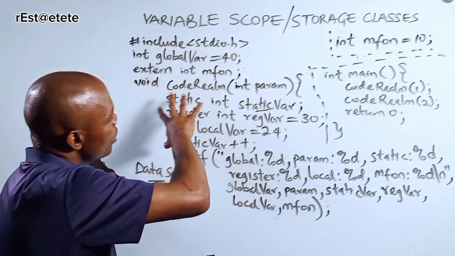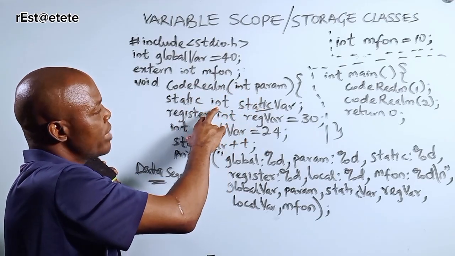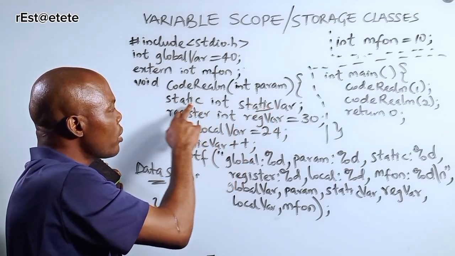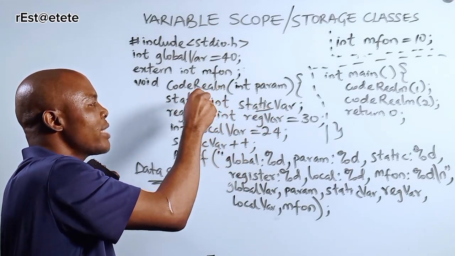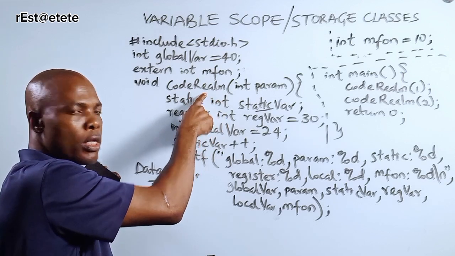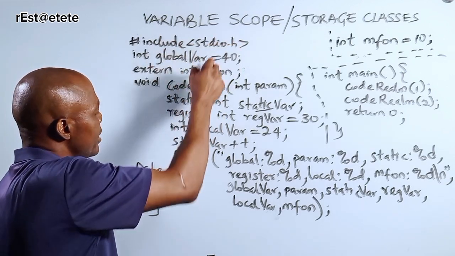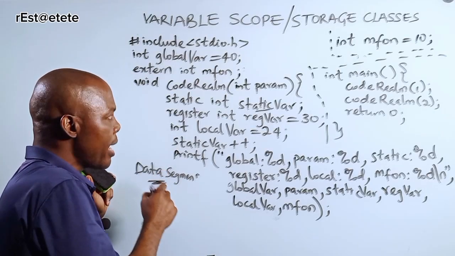Okay. Now, you call the function. Then you enter into that function. This static variable will be created. But because it is static, it will not be created inside the same stack memory with this function. It will be created in the same place where this global variable and this external are created, which is the data segment, right?